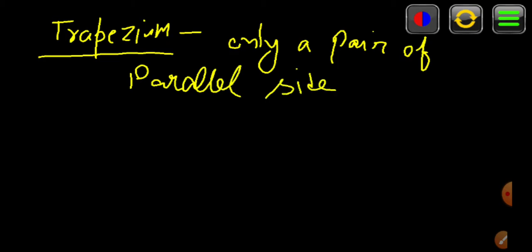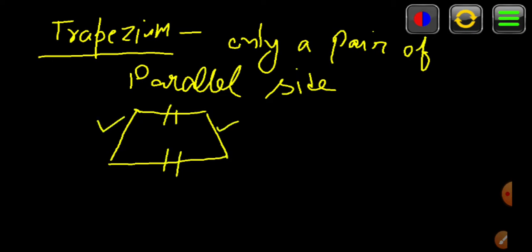From the figure you will get to know that this is our trapezium and these are parallel sides and these are the non-parallel sides. So trapezium is a quadrilateral with one pair of parallel sides. These lines are parallel and these are non-parallel sides. Now this is a trapezium.